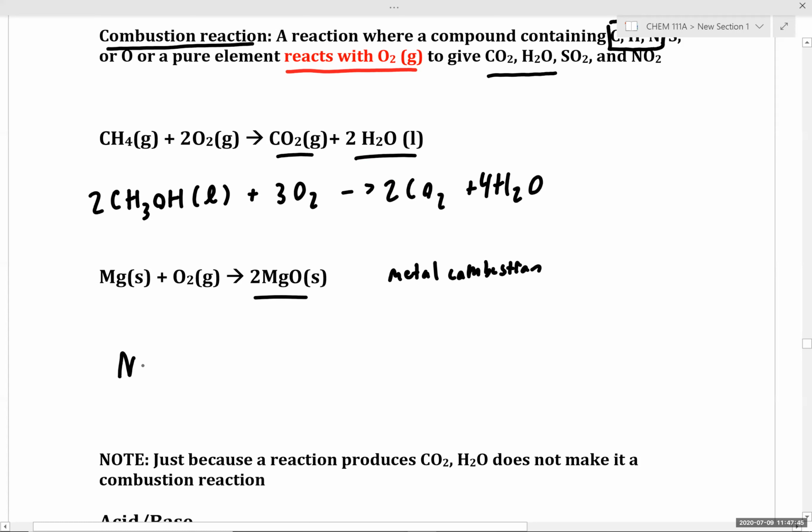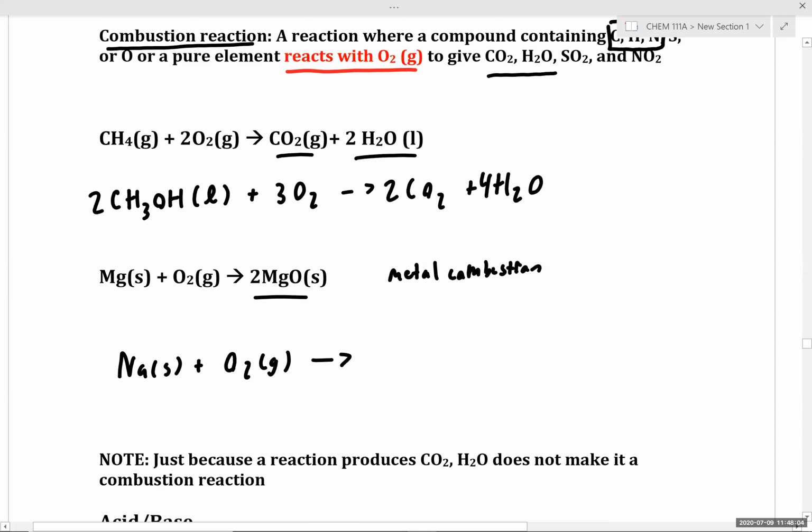So for example, if we take sodium metal and react it with oxygen gas, what product would we get from that reaction? If we burn sodium metal, what metal oxide would we get out?